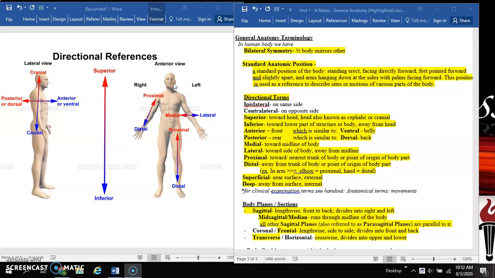Or it could be laterally located on the nose 2 centimeters. And you would know that that would be 2 centimeters away from the midline of the nose. And one thing we should note here: right and left in standard anatomical position is not your right or left when you're viewing, but it's the right or left of the subject, the patient.